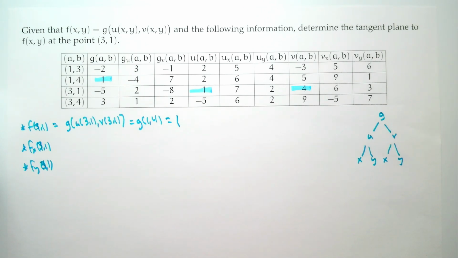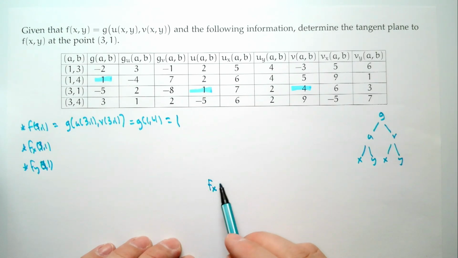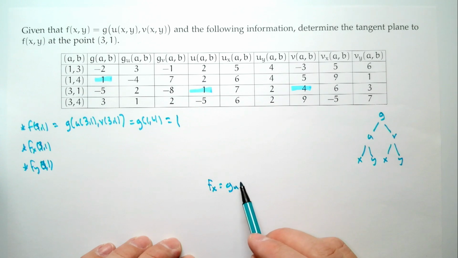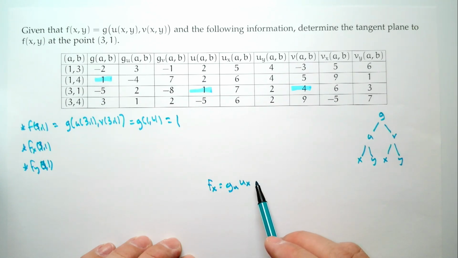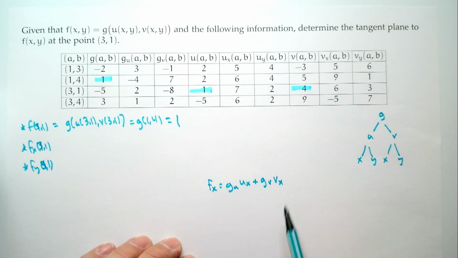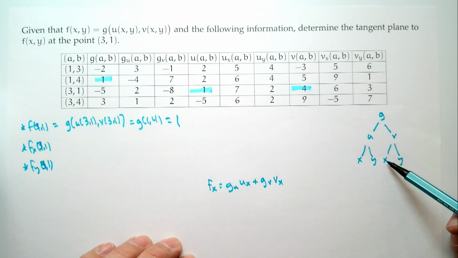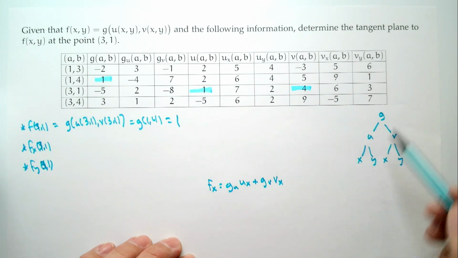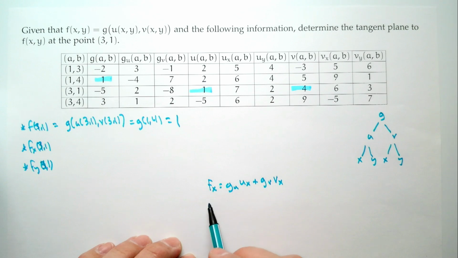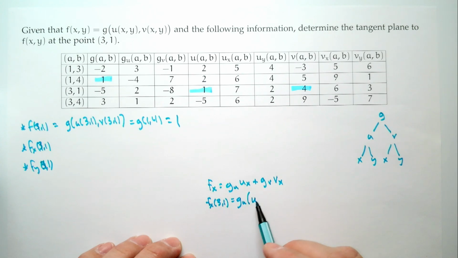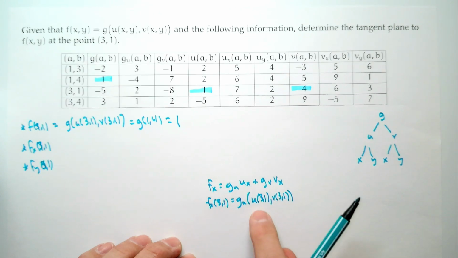Now, how do we find f sub x? The answer is we use the tree. So f sub x is g sub u times u sub x, plus g sub v times v sub x. Every time there's an x downstairs, there's going to be a different part. So f sub x at 3, 1 is g sub u of u of 3, 1, v of 3, 1, because the insides stay the same.